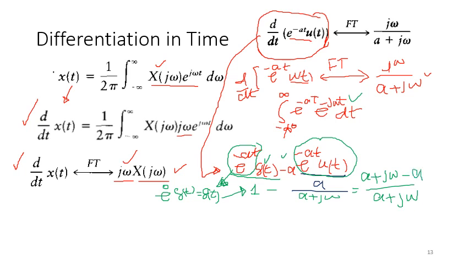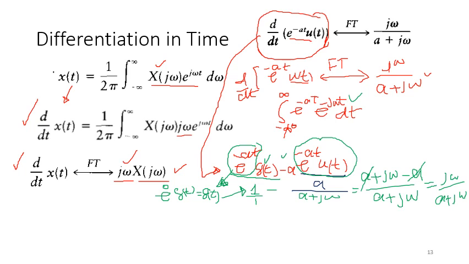Because its denominator is 1, the LCM of this is this one. So when I divide this by 1, I get the same: 1 multiplied by a plus j omega, and then we come to here. I hope you understand how the LCM works. So minus a cancels with minus a, and what I get is j omega over a plus j omega.